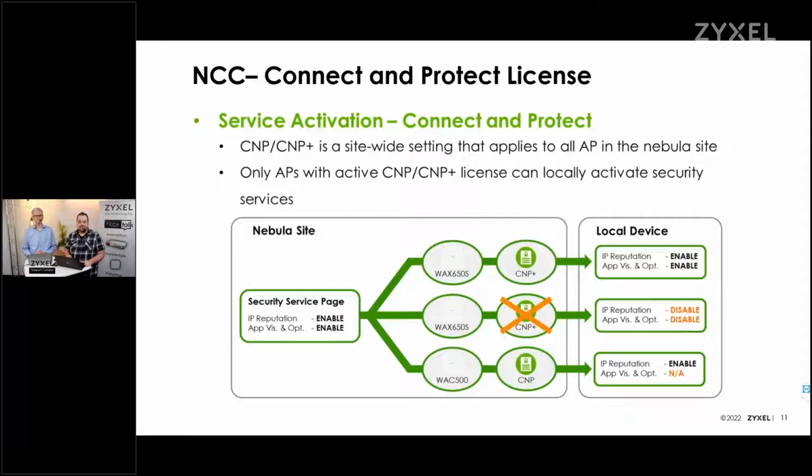And if you have a WAC 500 with a CNP license, only the IP reputation would work. So it's quite easy to mix. You can have an area, for example, where you want the security check in addition, and another area like backstage or whatever where you don't have it. Exactly. It's quite flexible then. True.